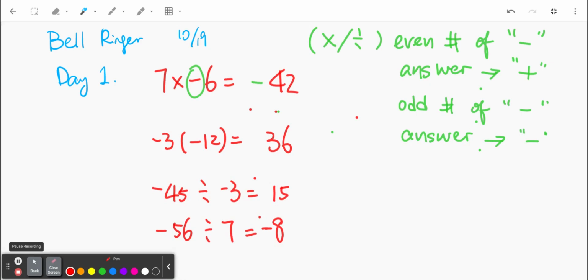So number 9, negative 11 inside the absolute sign. Isaiah, what's the answer should be? So absolute sign always give you a positive number. So negative 11 become 11. Very good.